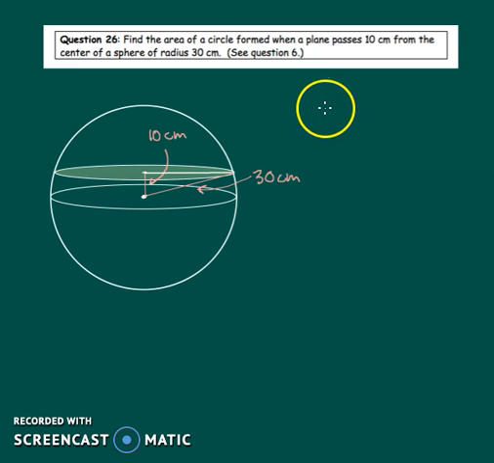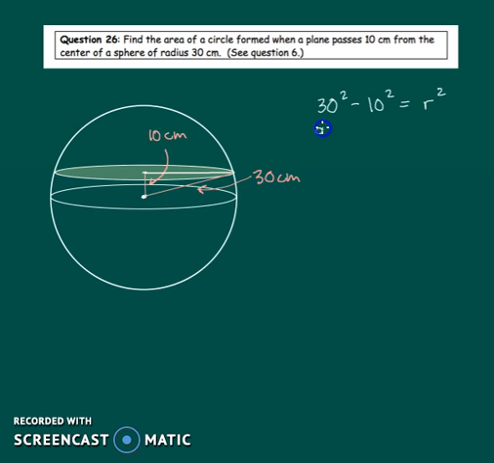So if you take a look, the hypotenuse is the 30 centimeter radius of the big sphere. So 30 centimeters squared minus 10 centimeters squared will give us our new radius squared.